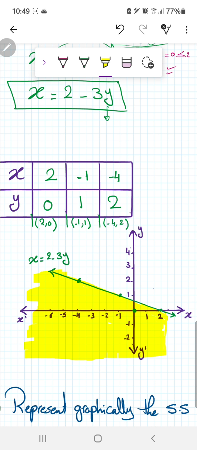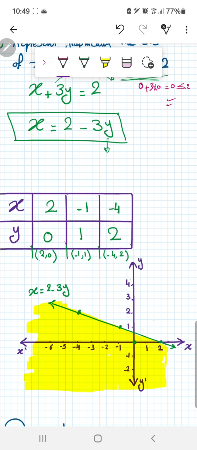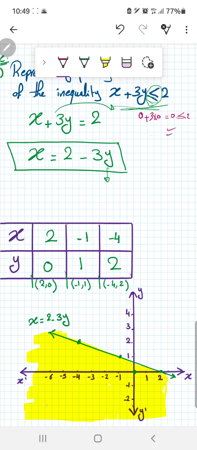If the origin point does not belong to the solution, it will be the other half. So here we have x plus 3y less than or equal to 2 for this half, and the half on the other side of the straight line will be x plus 3y greater than or equal to 2.